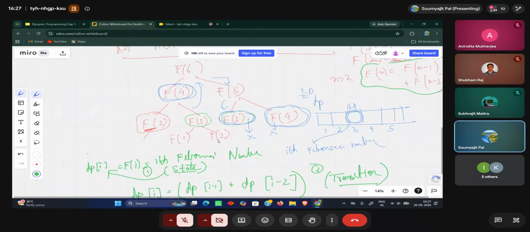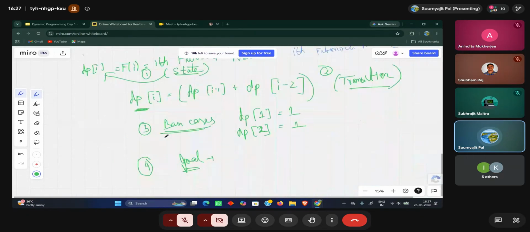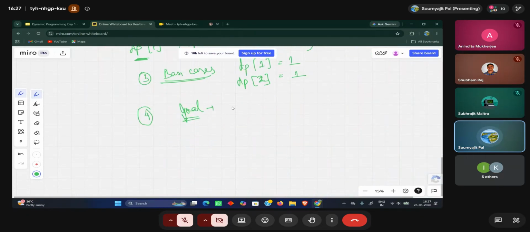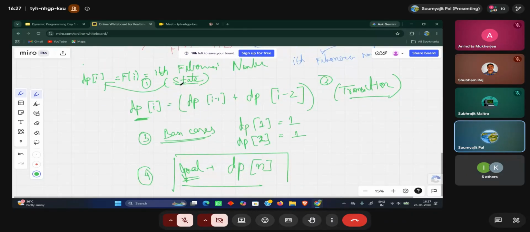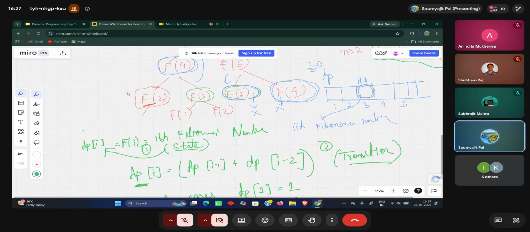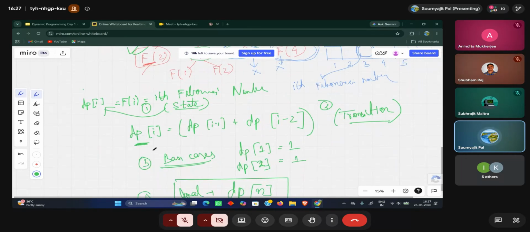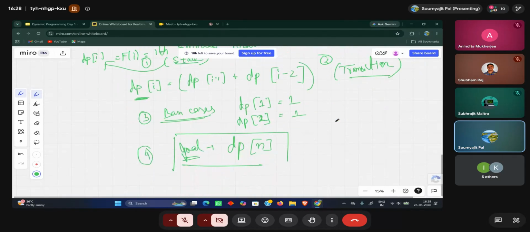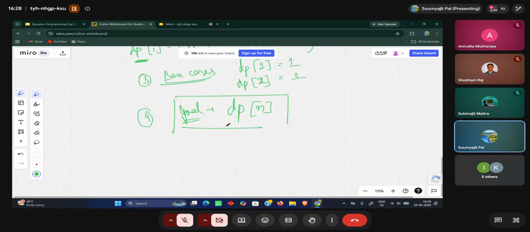Since I need to find the nth Fibonacci number, my goal is finding DP of n. So four things: one, a state which represents each subproblem; two, a transition, the relation from smaller states to get the answer of a particular state; three, the simple base cases, my smaller subproblems; and four, my ultimate goal.